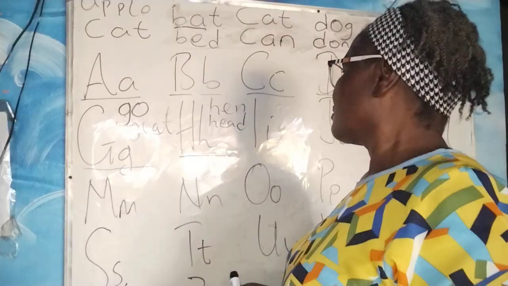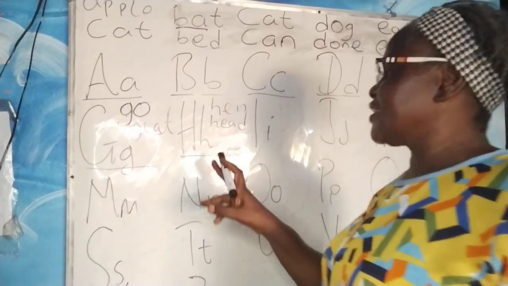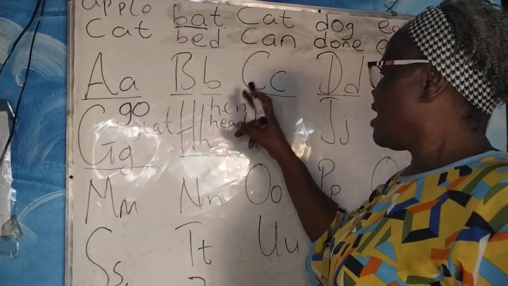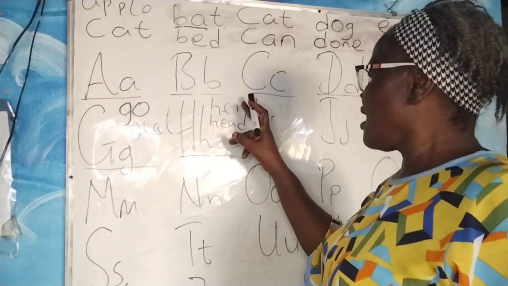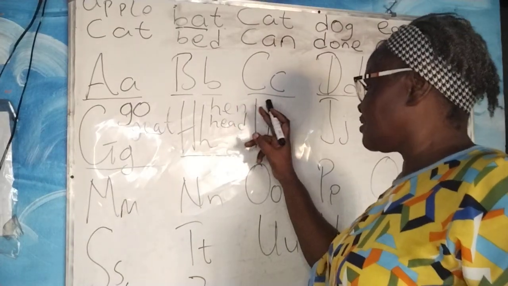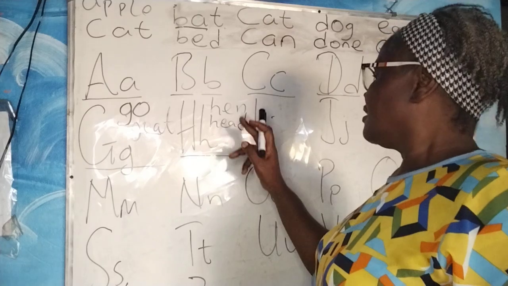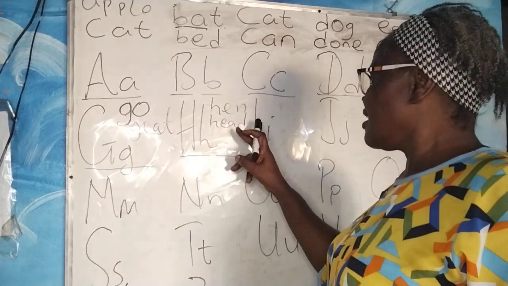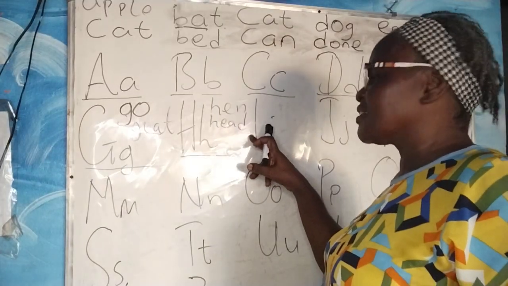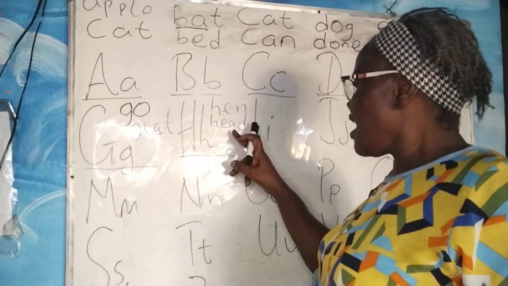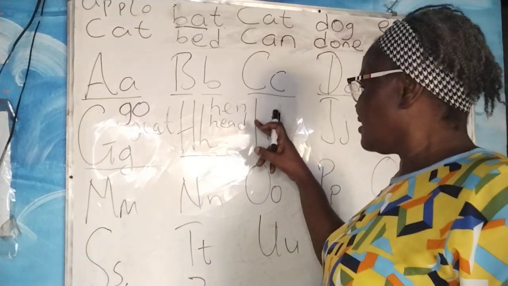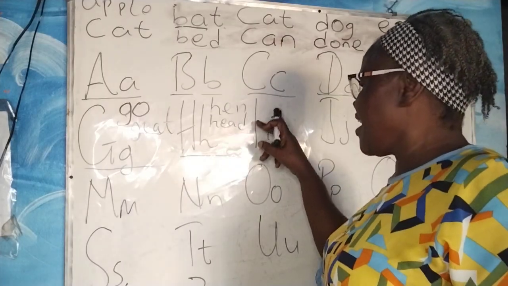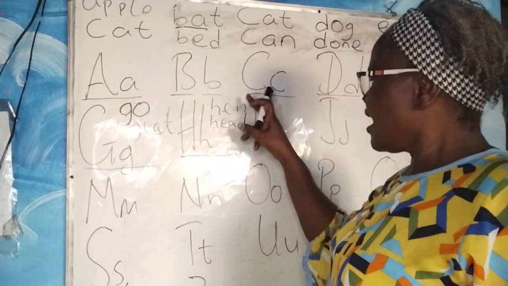Now the sound of letter H is as in hen, hen, hen, head, head. Silent A, then the head, as in hen, as in head.